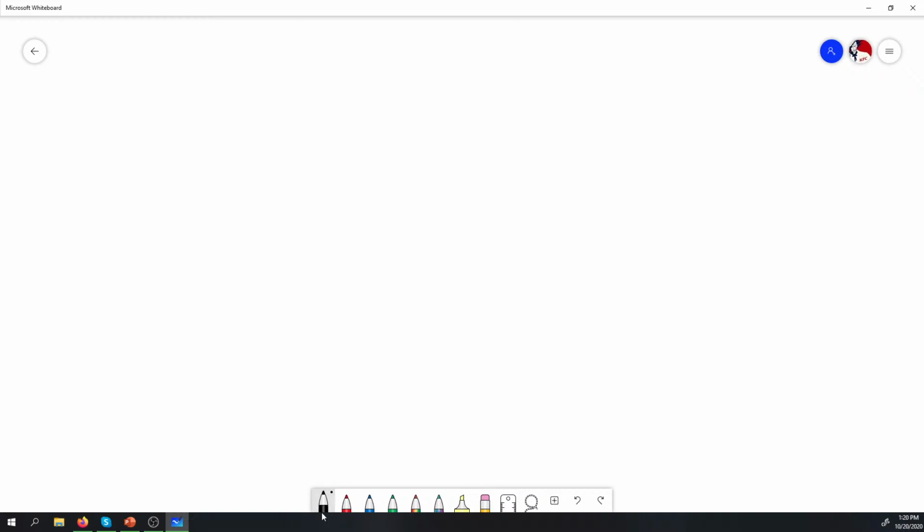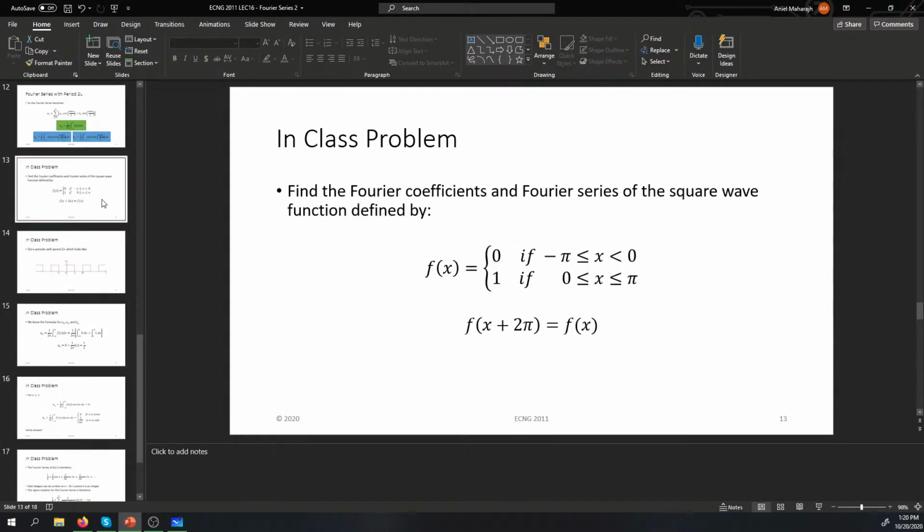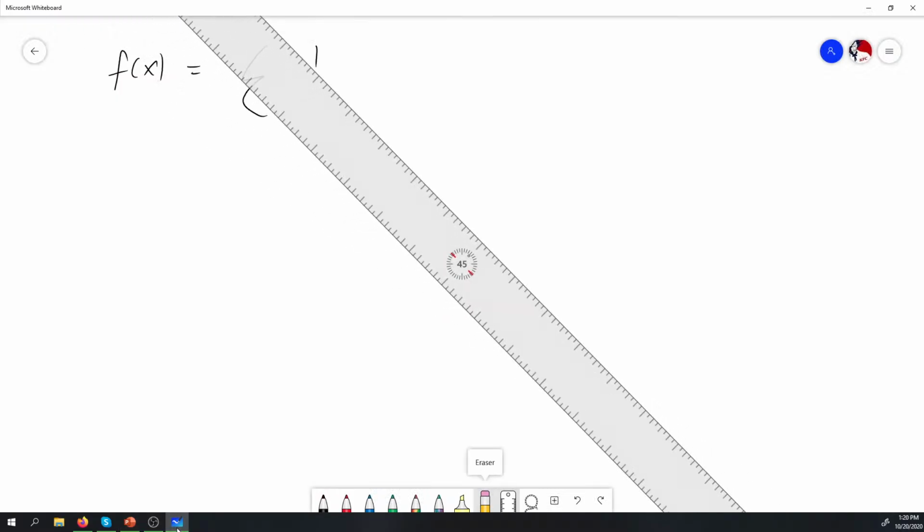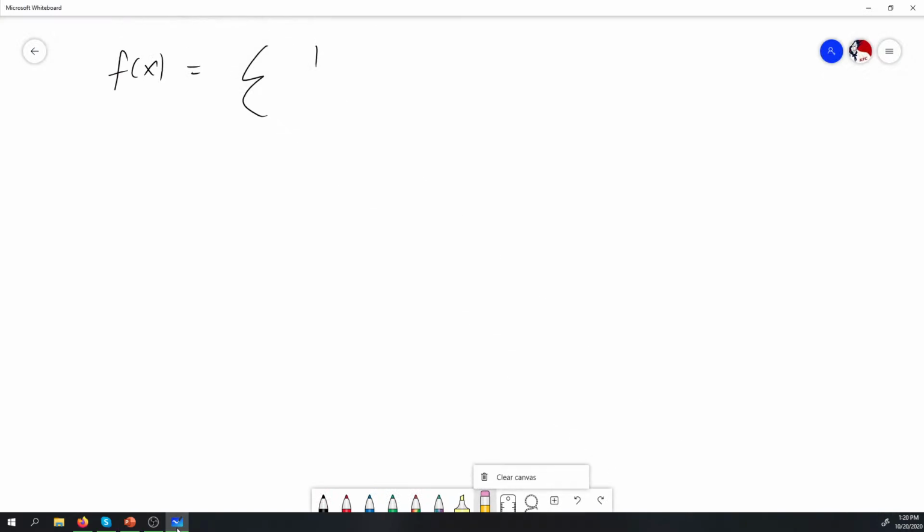Alright, so for that in-class problem here, our f of x function was basically equal to 1, and I'm backtracking here so that I can check back on my slides. 0, sorry, for negative pi to 0. I believe it was less than or equal to.